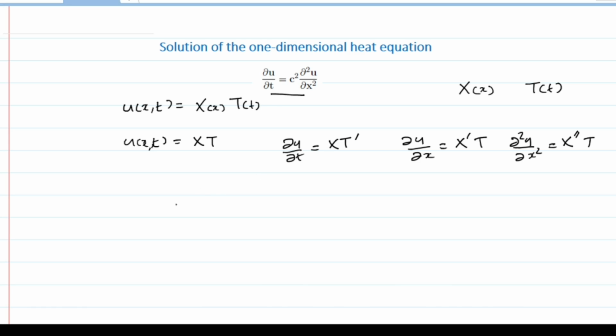We get X T dash is equal to c square into X double dash T.